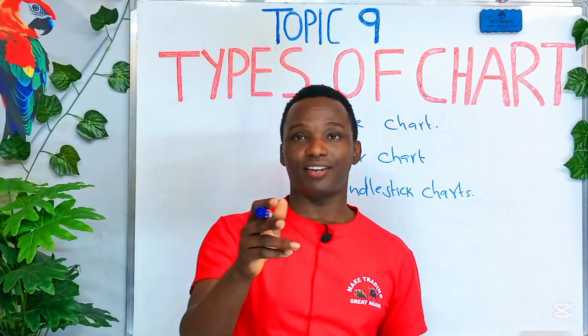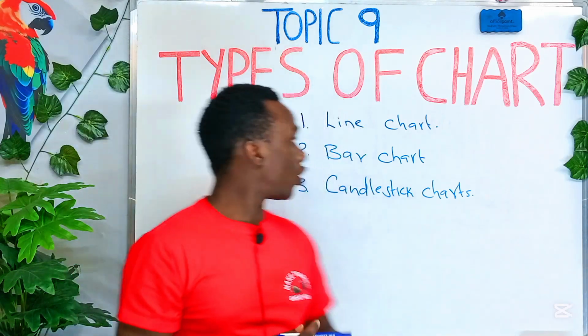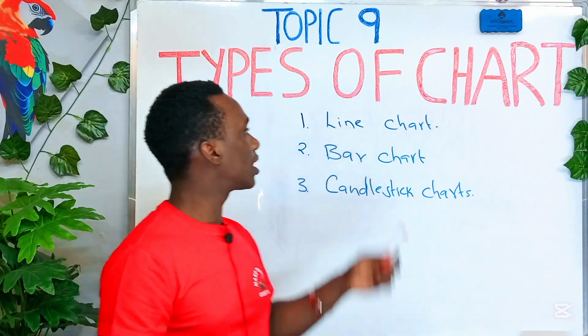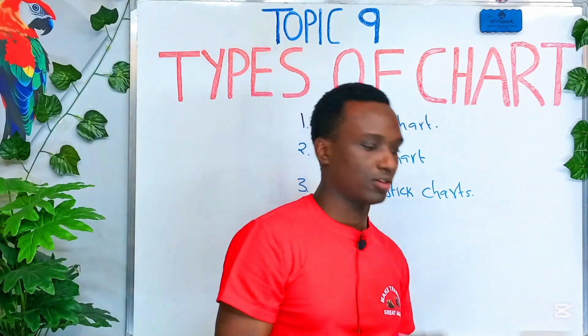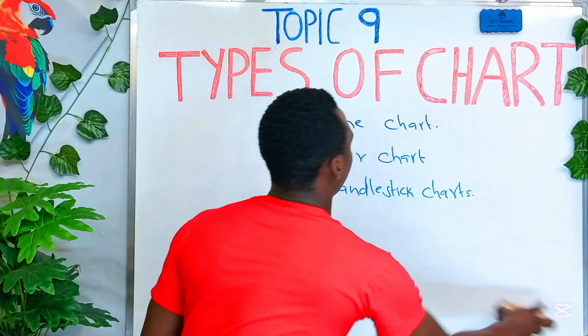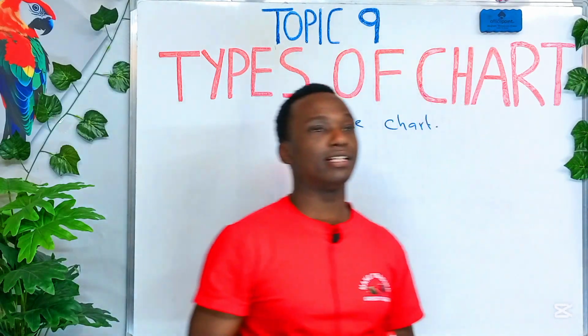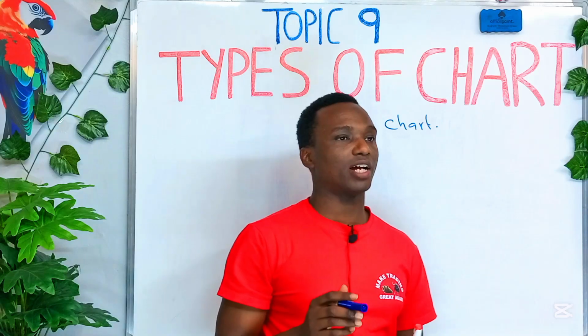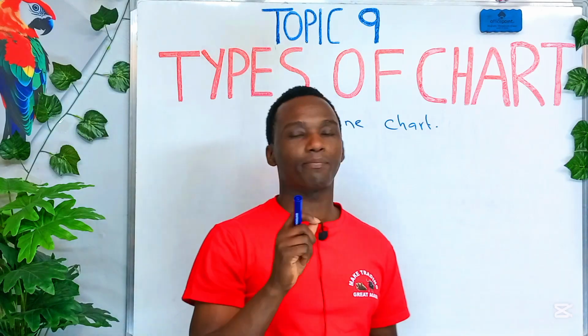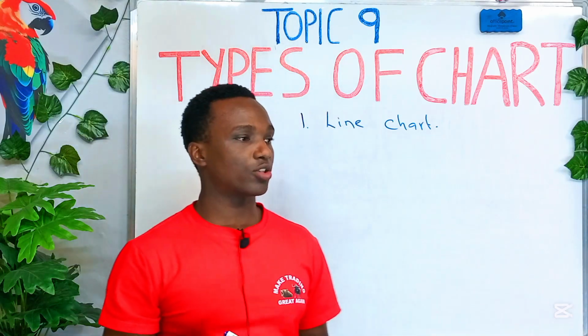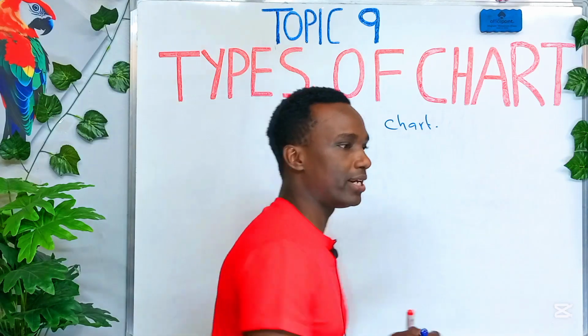You've downloaded your MT5. Okay, so in that case we are going to look at the line charts. So in simple terms, a line chart draws from one closing price to the next closing price. So what do I mean?